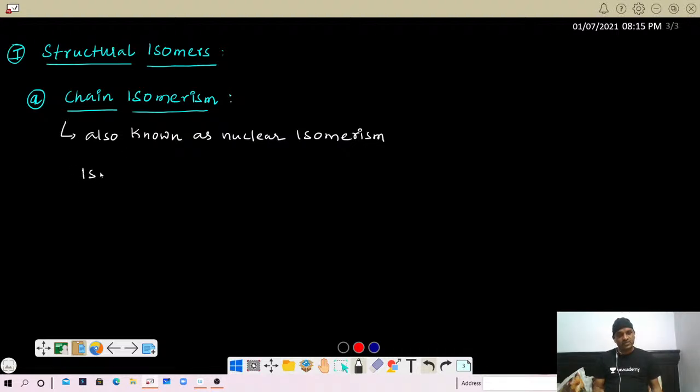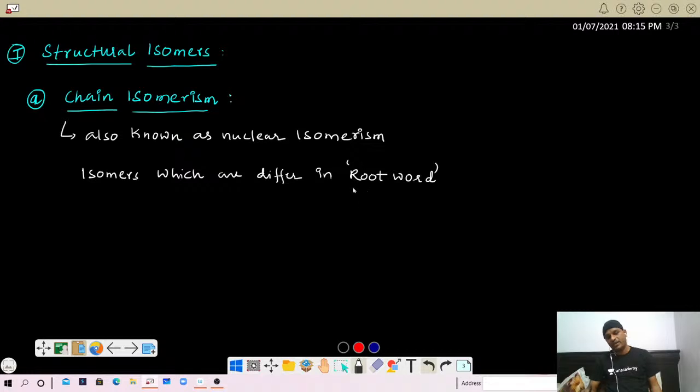Here, isomers differ in the root word. When you see the IUPAC name, the root word or length of the chain is different. This point is very, very important. If they are different in the root word, definitely they come under chain isomers or nuclear isomers.